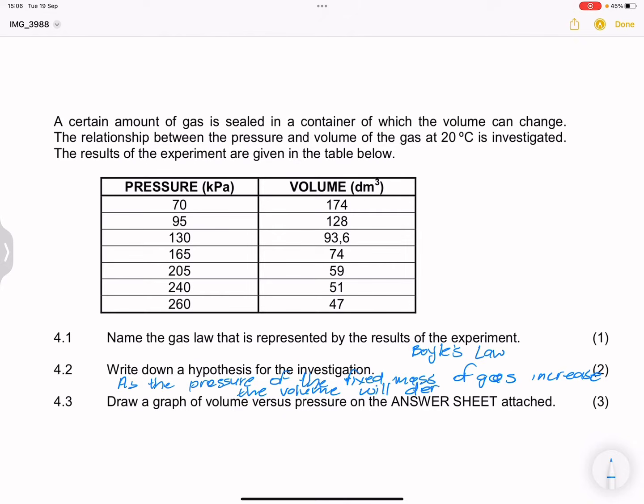And so that would be my guess, that obviously as I increase the pressure, the volume would decrease.